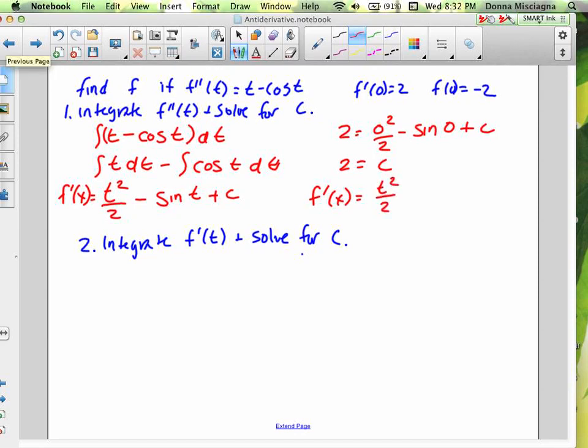So our first derivative is t squared divided by 2 minus sine t plus 2. All right, and so now we'll integrate that one. All right, so the integral of t squared divided by 2 minus sine t plus 2 dt.